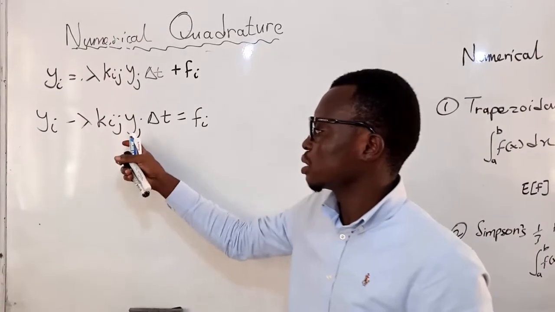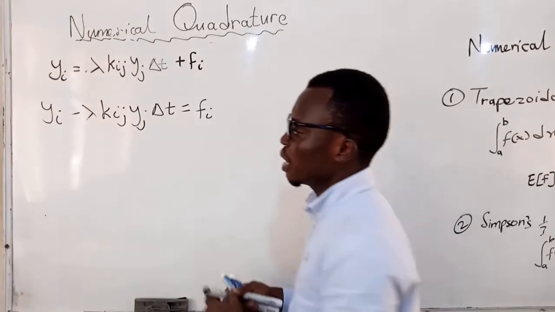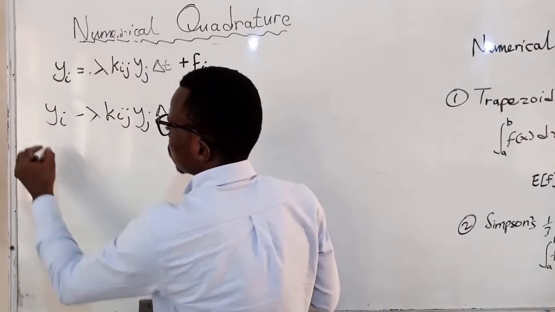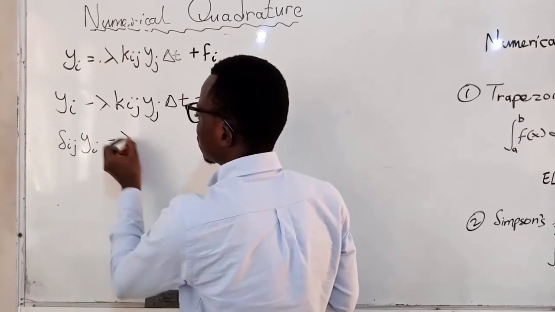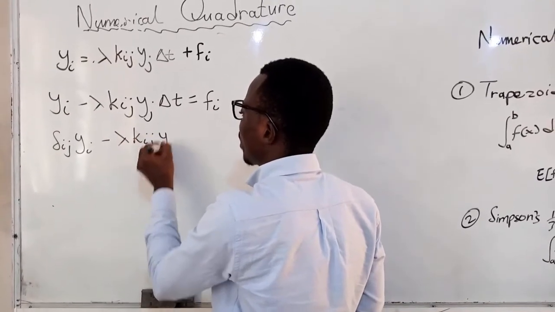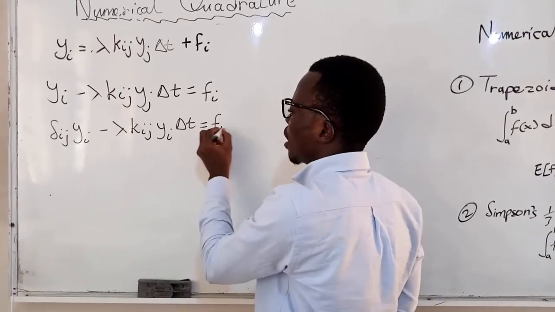These are just indexes, so you can change the index j to i, and we should add a connecting delta function to this side: delta_ij y_i minus lambda k_ij y_i delta t equals f_i.